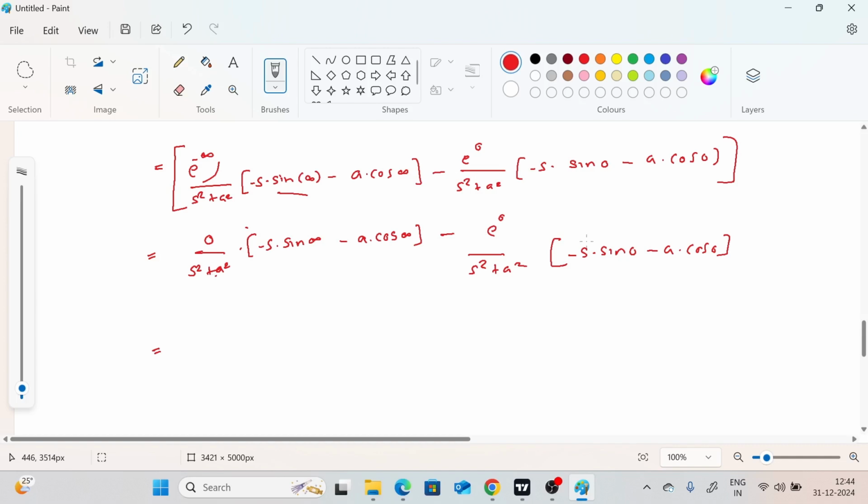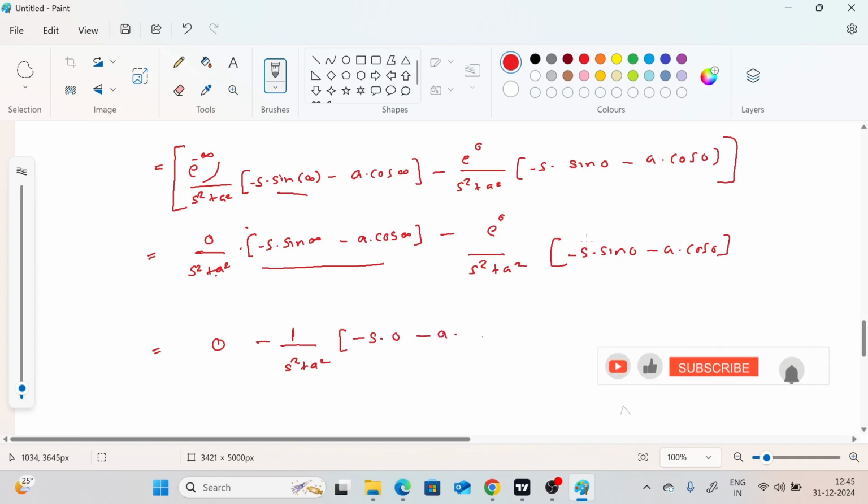0 upon anything is 0, and 0 into anything is 0. Minus e raised to 0, which is 1, upon s square plus a square, into minus s sin 0, whose value is 0, minus a cos 0, whose value is 1.